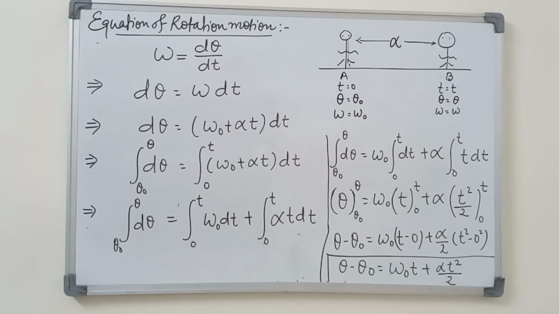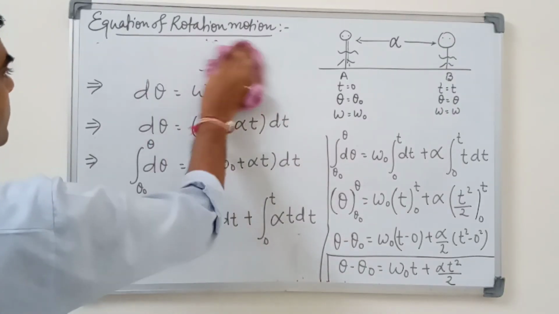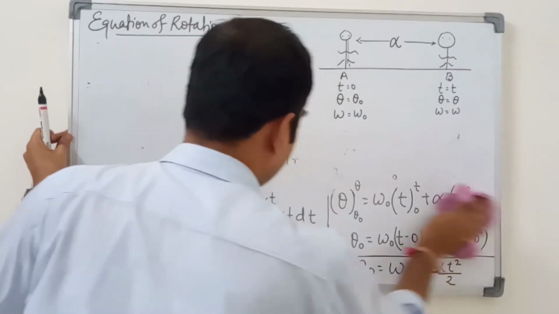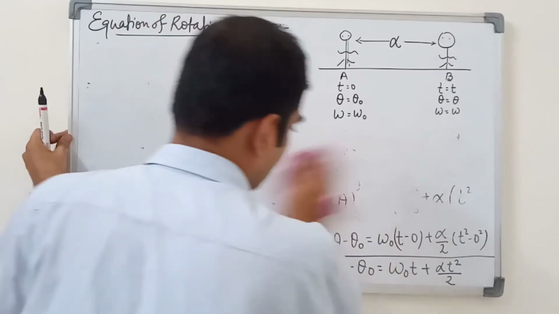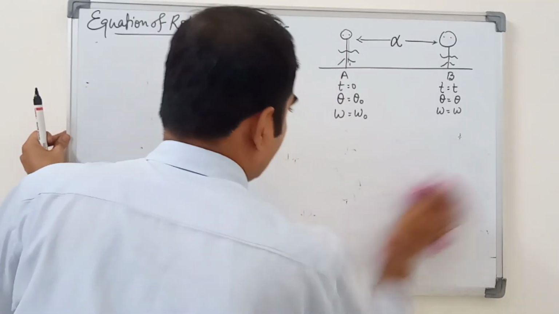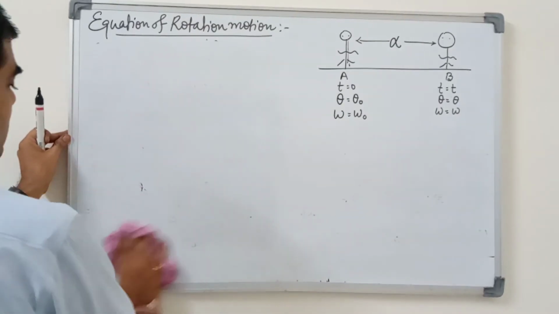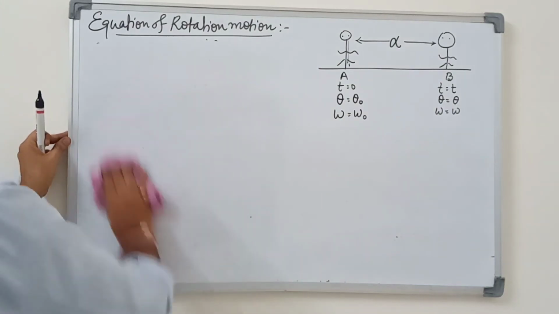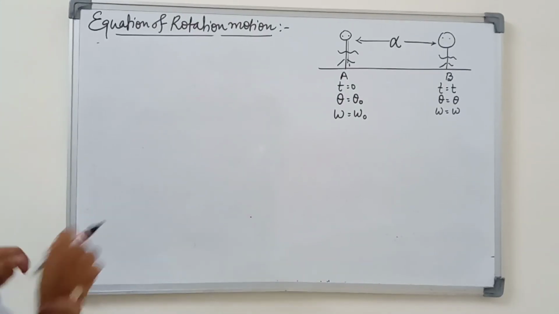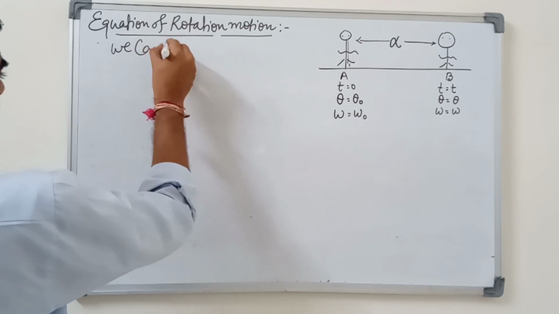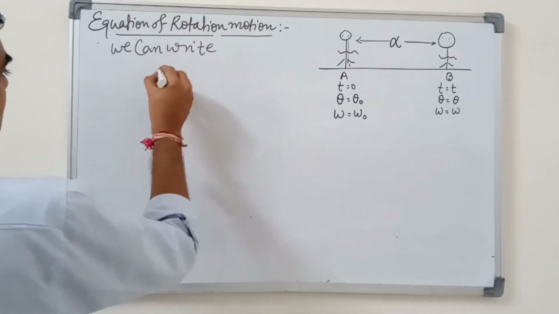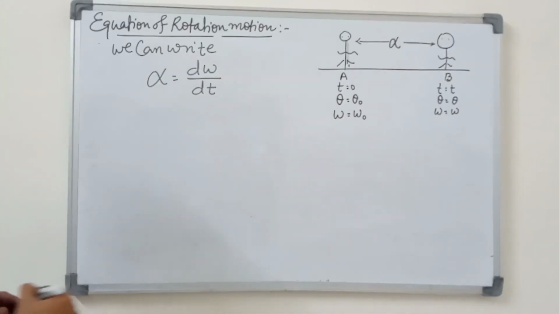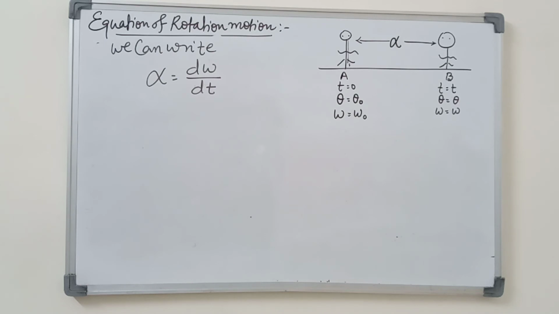Now the derivation of the third equation. First of all, some changing: we can write alpha is equal to d omega upon dt. All of you got this process?